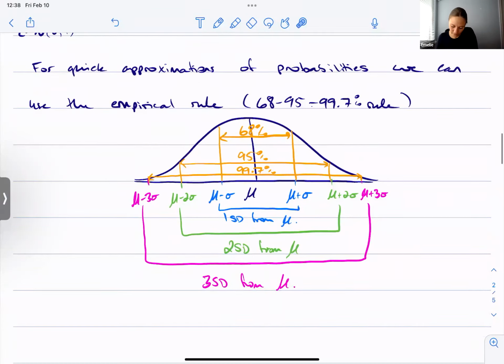Okay. So the reason is because this 68, 95, 99.7 relates to the area under the curve. So here we're at the peak and the area under the curve is quite large, right? And then here the area is decreasing, right? And so it's not going to be a square. Usually we want to think about areas in terms of a square, or a rectangle maybe.